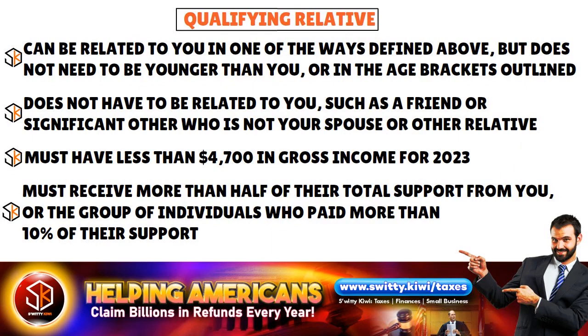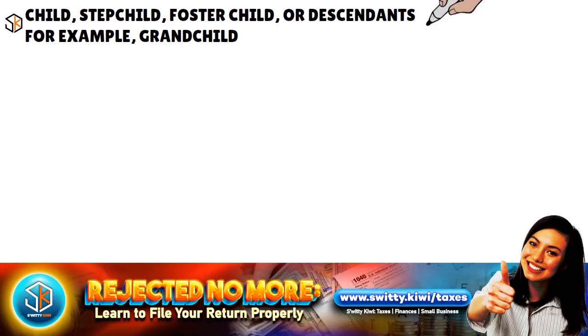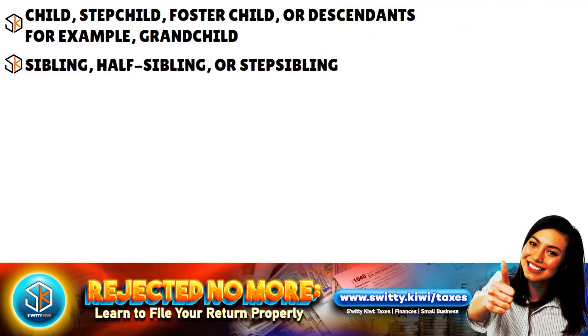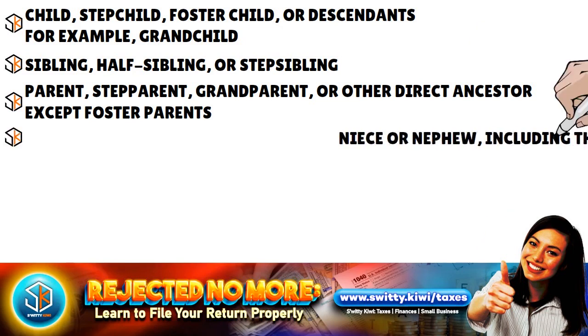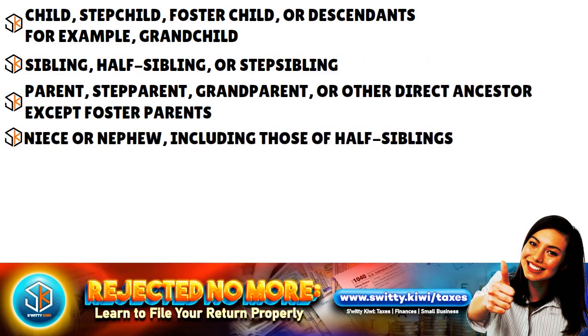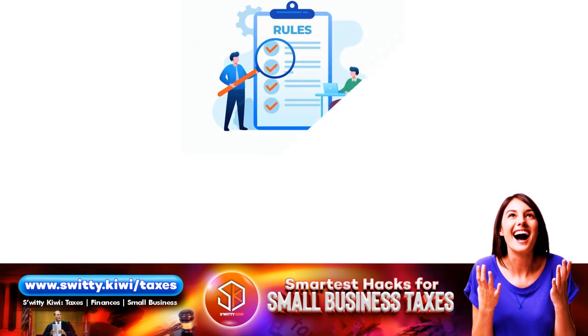And a qualifying relative needs to live with you for the entire year in the same household unless they are related to you in any of the following ways: child, stepchild, foster child, or descendants, for example, grandchild; sibling, half sibling, or step sibling; parents, step parents, grandparents, or other direct ancestors except foster parents; niece or nephew, including those of half siblings; aunts and uncles; and in-laws. Now, the rules are pretty simple in terms of qualifying relatives versus qualifying children.